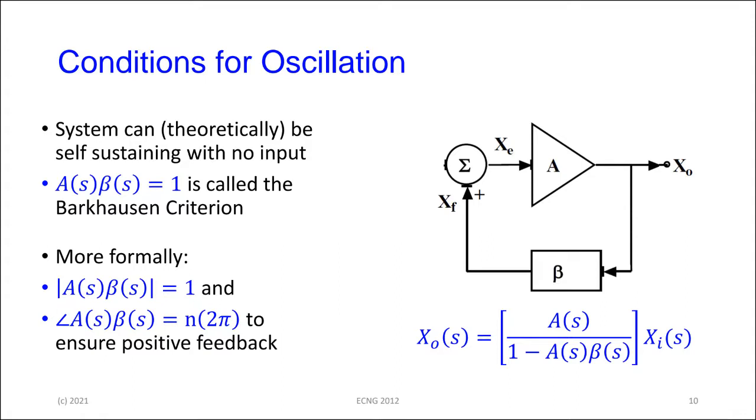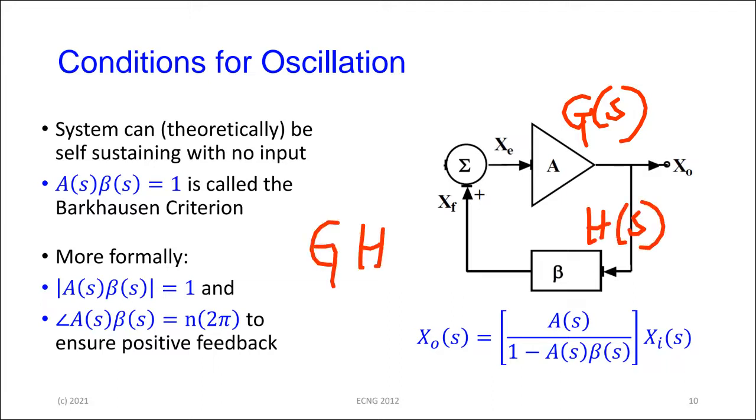If you have a system where you have the loop gain A(s)β(s), or in the more general term, if this is G(s) and this is H(s), if GH, I've left out the s, is equal to 1, or as we have in the diagram here, Aβ is equal to 1, this is something called the Barkhausen criterion. And basically, we're going to use that to make this thing oscillate. Once we get GH equal to 1, we know that in theory, the system is almost self-sustaining.